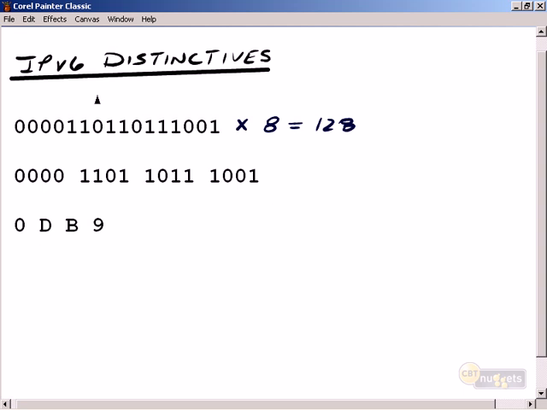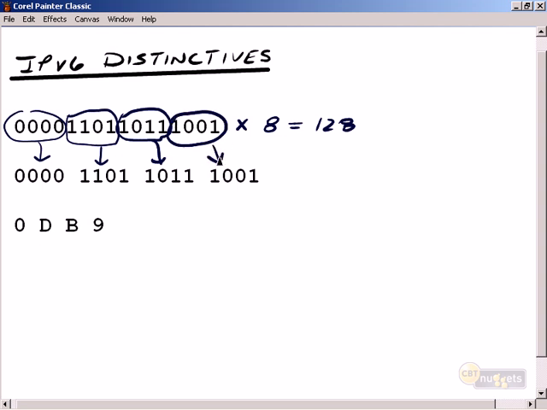Then we take these sections and take these 4 bits and go here, these 4 bits here, and these 4 bits here. Then we represent each one of these 4 bits by its hexadecimal representation.